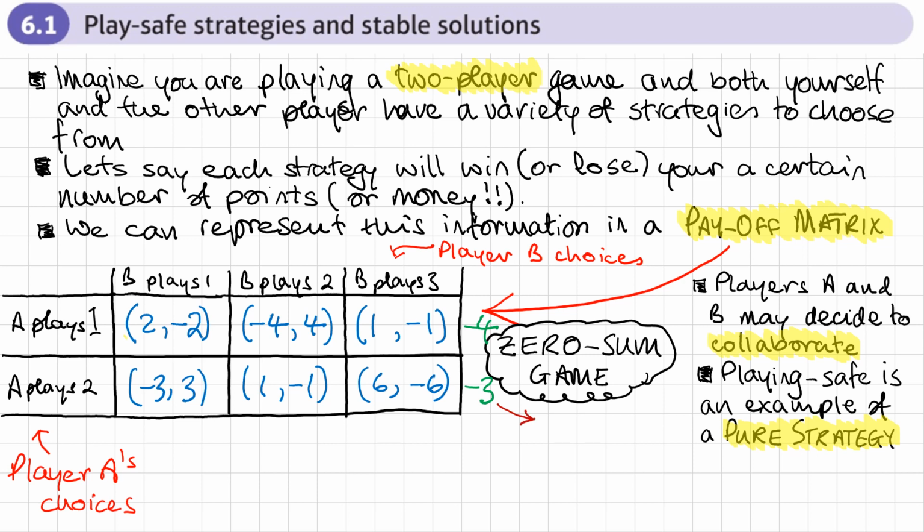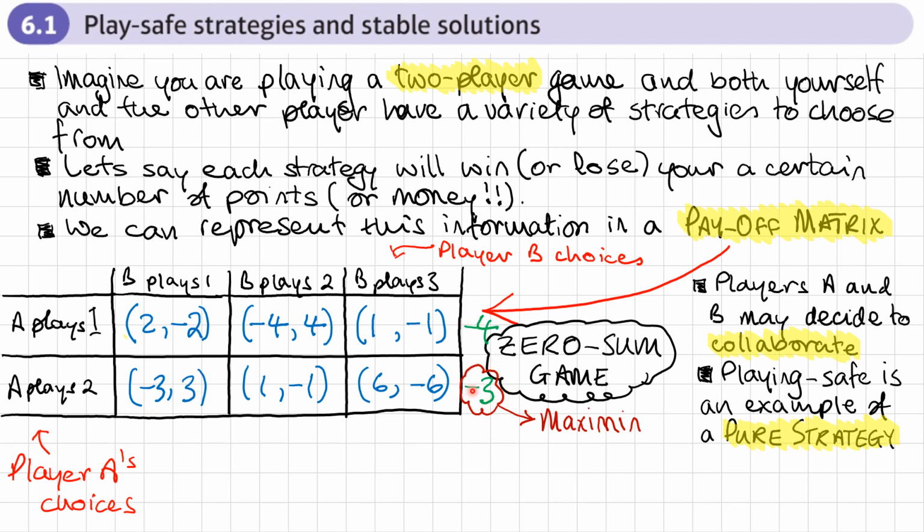Okay, so if player A plays 2, this -3, as before, is the maxi-min of A's possible winnings. So we go along the row, we write down the minimum of each row, and then we pick the maximum of the minimum.